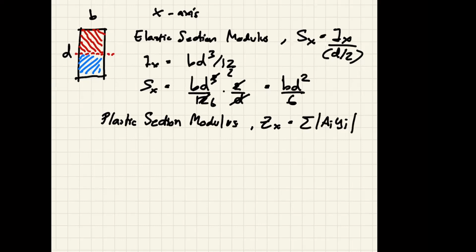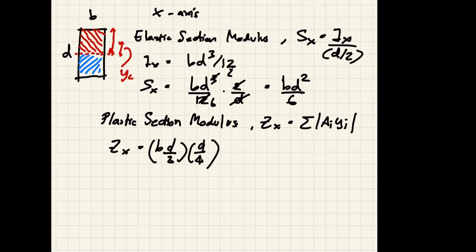Okay, so in this case, the red area is how much? All right, no response, thank you. So it's B multiplied by D over 2, correct? And then the moment arm, if this is D over 2, the moment arm becomes D over 4. And for the area under tension, it's pretty much the same: B D over 2 multiplied by another D over 4.